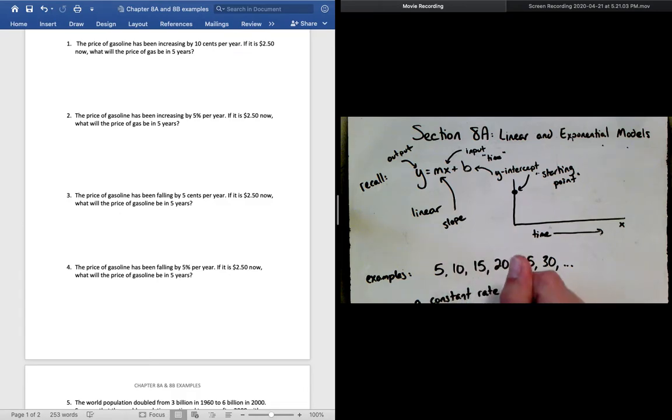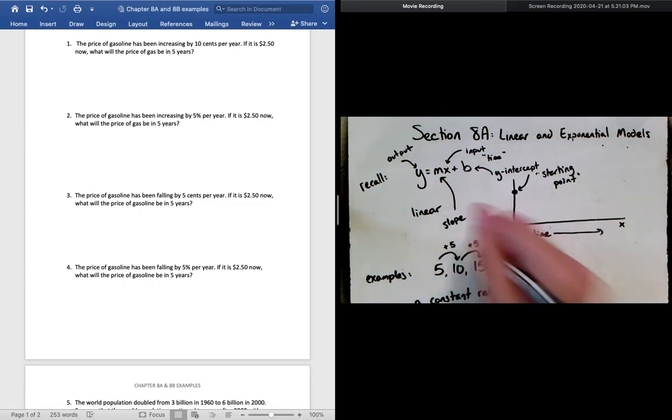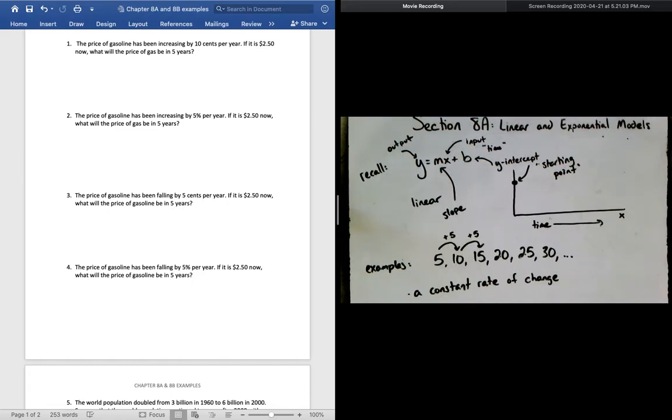That rate of change, whatever it is, is played by the role of m. In this problem, we can see that the rate of change is a constant addition of 5. And for linear problems, the rate of change is always going to be an addition or subtraction of the same number over and over again.